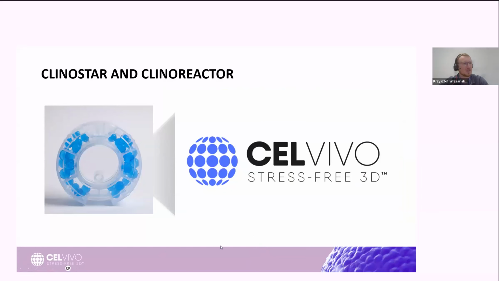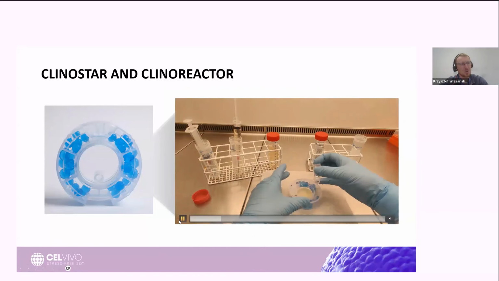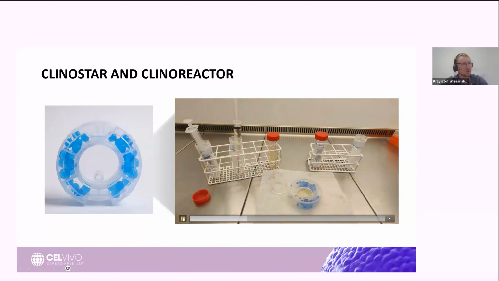The vessel can be very easily opened and put into the so-called Petri dish mode, where you have full access to the whole cavity and you have no problem removing any existing construct or sampling it or sampling media.